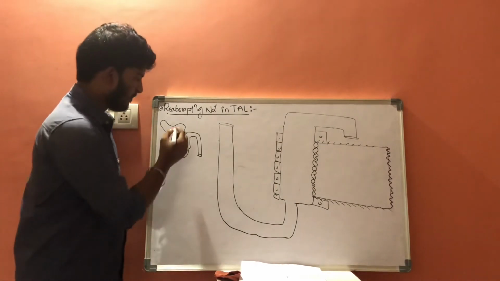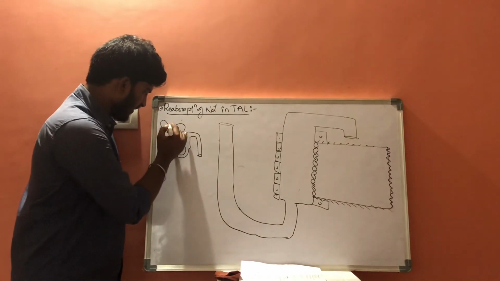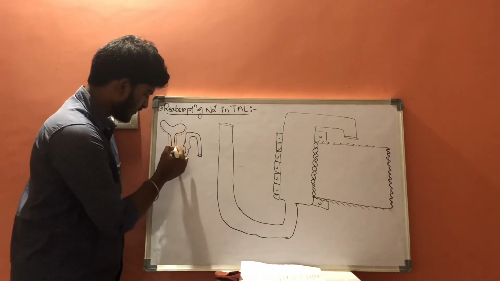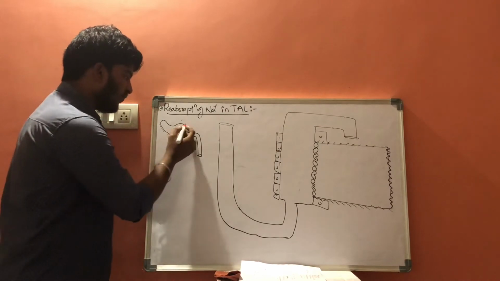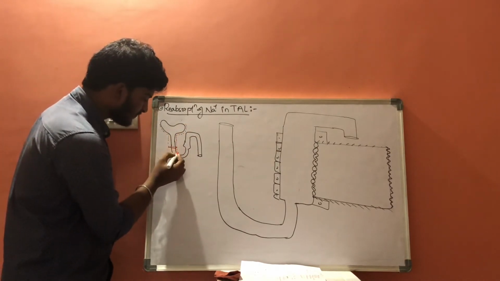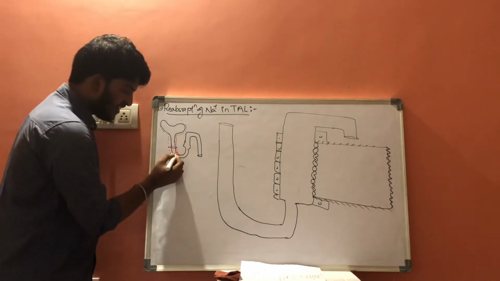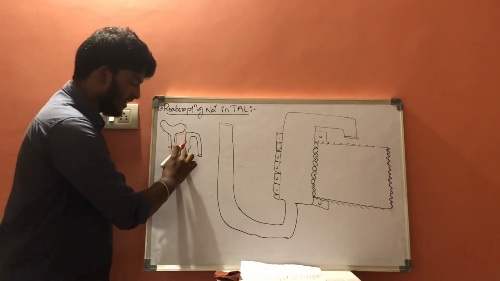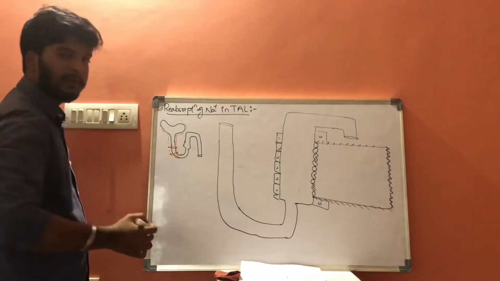Whatever the plasma constituents which are entering inside, this is the region where the water will be permeable. So in this area, from the Bowman's capsule, PCT and descending loop of Henle, up to the descending loop of Henle, the water will be permeable.